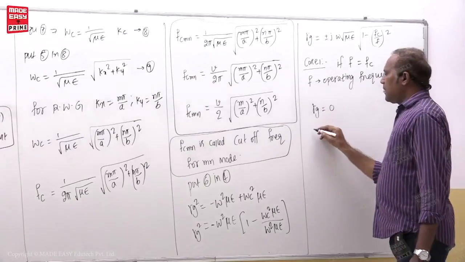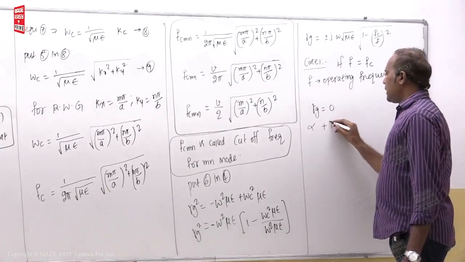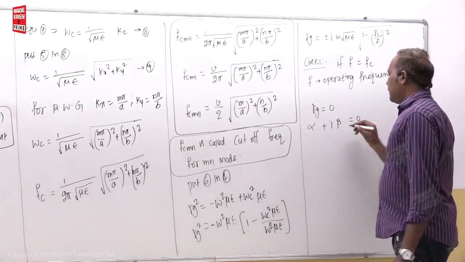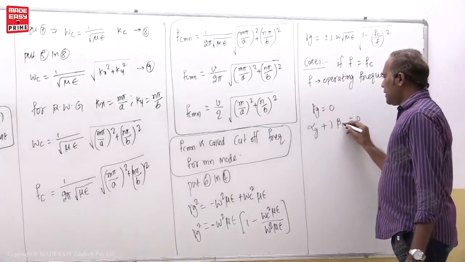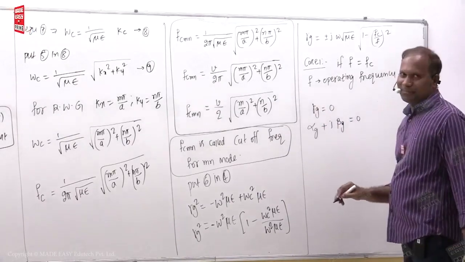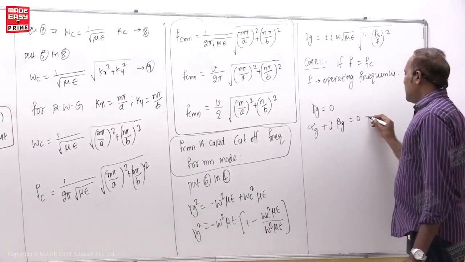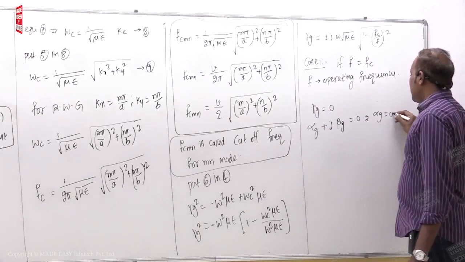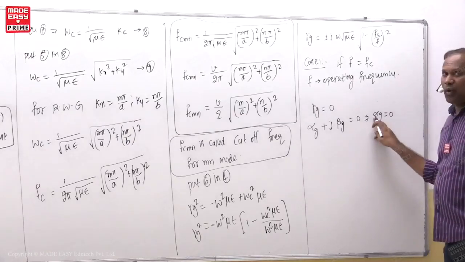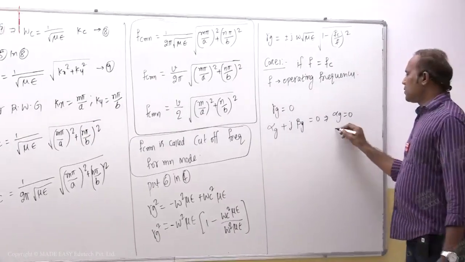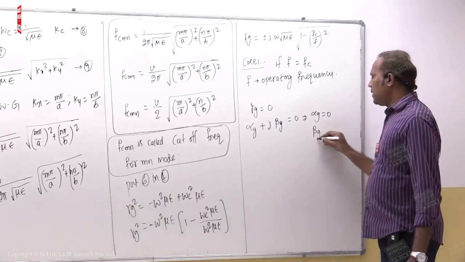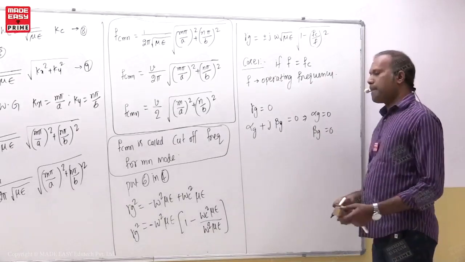Gamma is actually alpha plus j beta, and gamma g means alpha g plus j beta g. Now from this you got alpha g is 0. Attenuation constant alpha, g means waveguide, phase shift constant beta, g means waveguide, both are 0.